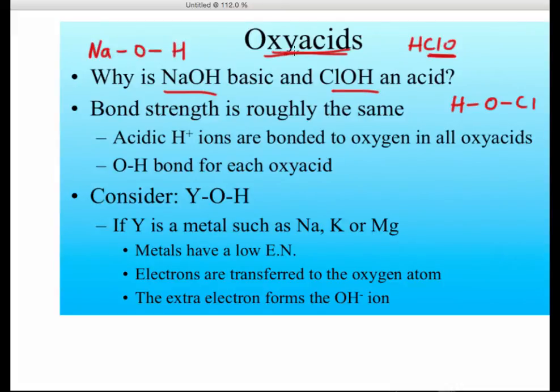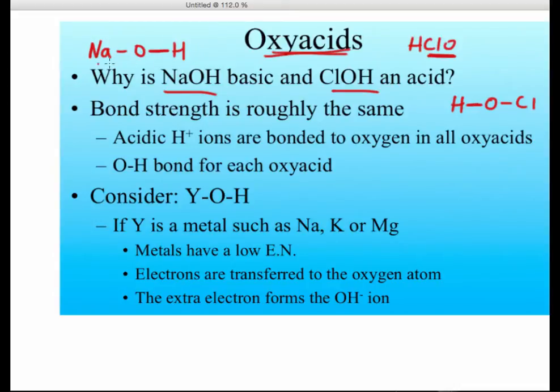Whenever you have oxyacids, whenever you have these oxygens that are going to be acidic with a hydrogen ion, it's always the hydrogen ion bonded to the oxygen, not to the nonmetals. So bond strength is really the same, because it's both a hydrogen-oxygen bond. So when we have an oxyacid, it's that OH that makes it acidic, and it's that hydrogen here.